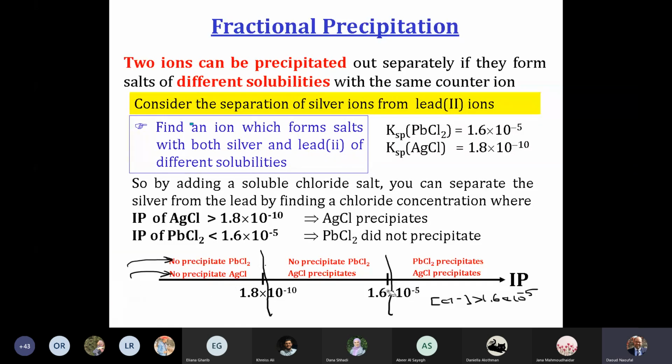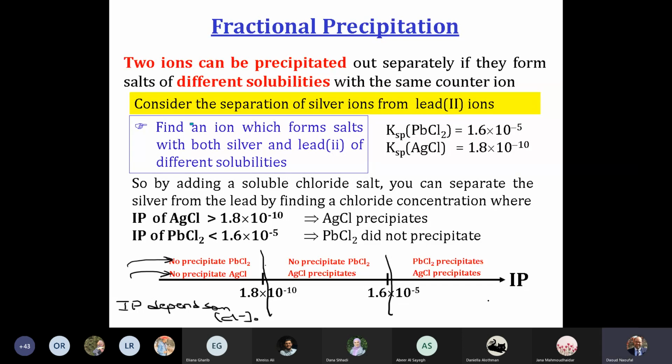IP depends on Cl- initial. So if the Cl- added is such that IP is less than 1.8 10 minus 10, no precipitation of AgCl, no precipitation of PbCl2.